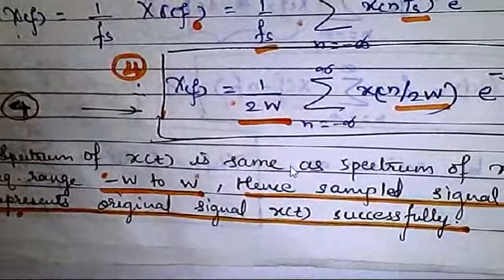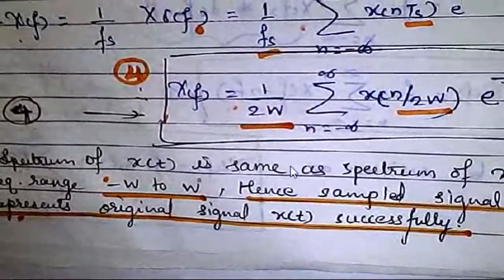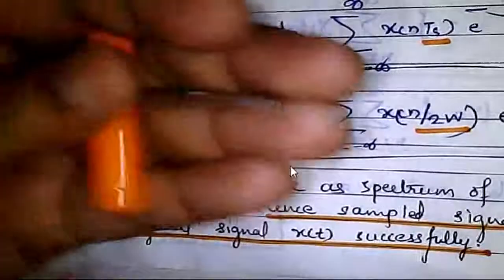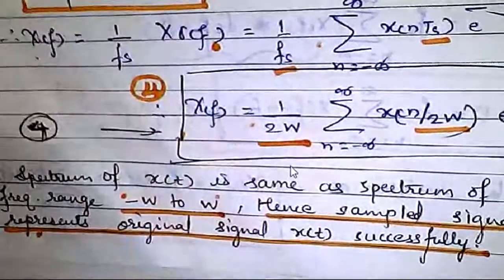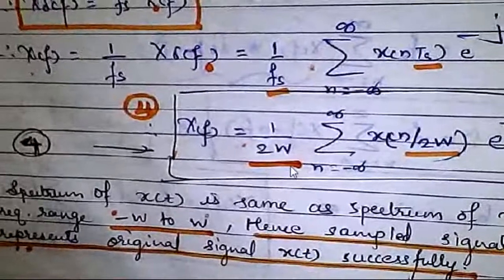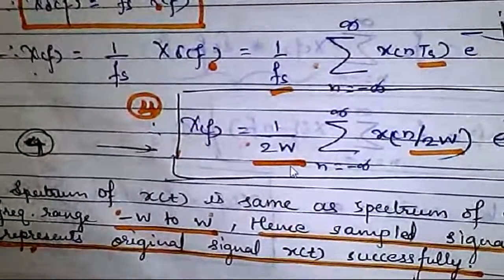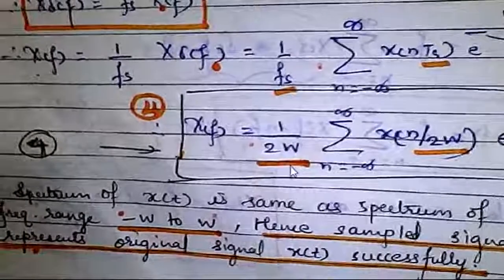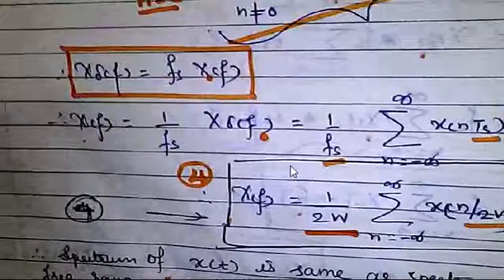This is also part of signal recovery, where someone can predict whether, from the sampled signal, we are able to recover or reconstruct x of t. Yes, this can surely be done.